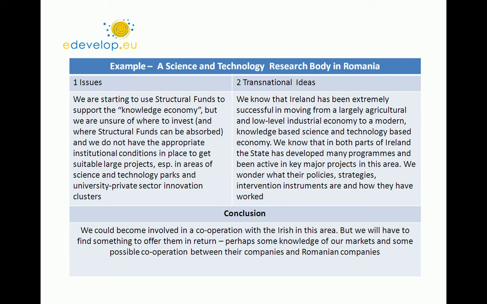Now, this problem for this Romanian organisation might be susceptible of some kind of solution through transnational cooperation, because the organisation knows that in Ireland there's been a lot of success in moving the country from a largely agricultural and low-level industrial economy to a modern knowledge-based science and technology-based economy. And they know that in both parts of Ireland, the state, that's to say the public authority, has developed many programmes and been active in major projects in this area.